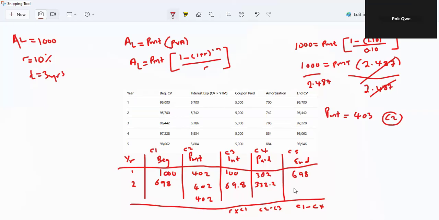Yes, so give me the values. 365.8. So this figure, where does it go?